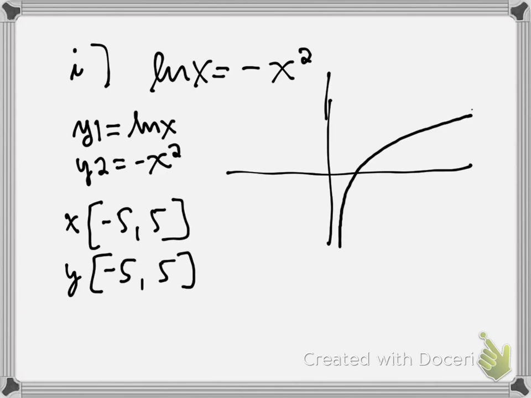That's for the ln. And then the negative x squared, so that's a parabola opening down. It looked like this. That's the parabola opening down. And so they intersect at this point here, which is a positive x. And using second trace, number 5, you should be able to get 0.653. Okay?